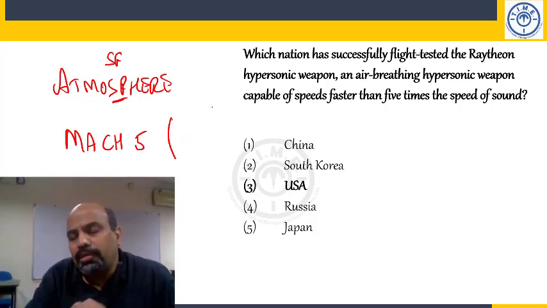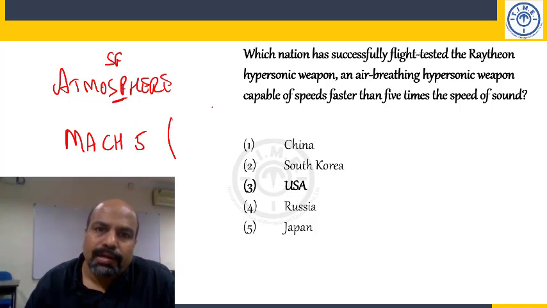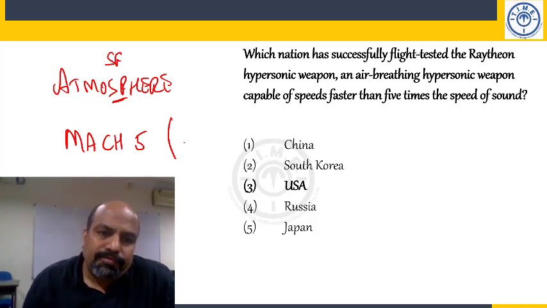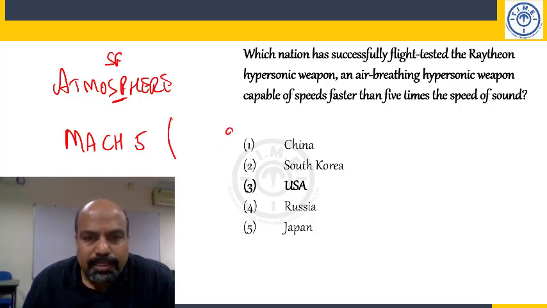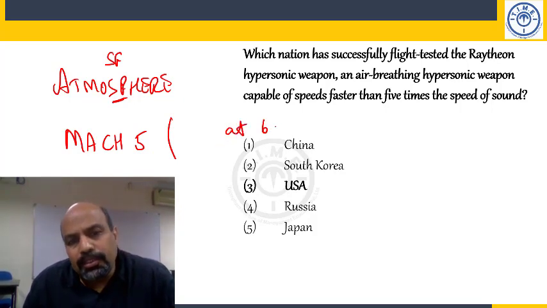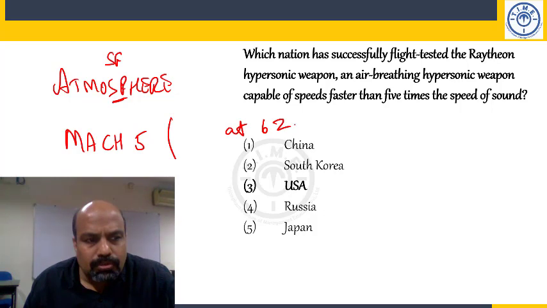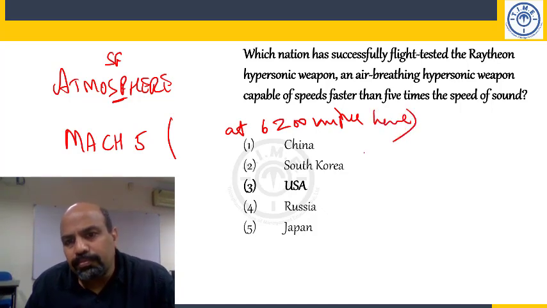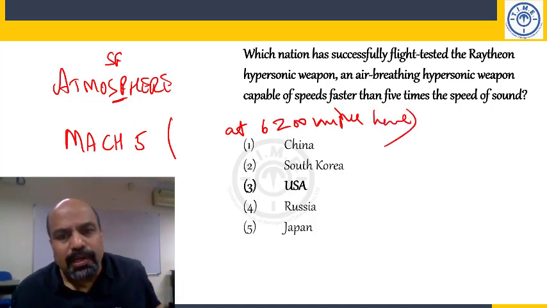So speed of sound equals 1 Mach. Okay, Mach 5 times the speed of sound at 6,200 kilometers per hour.